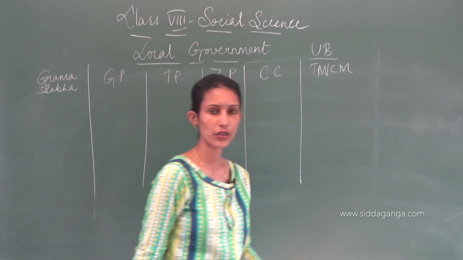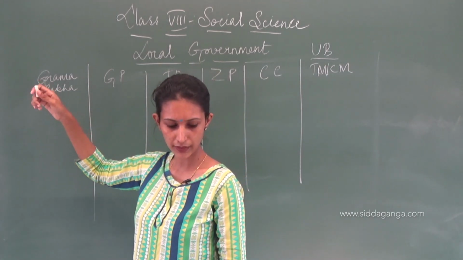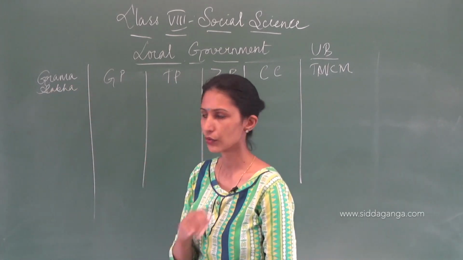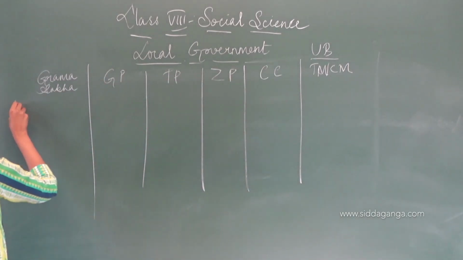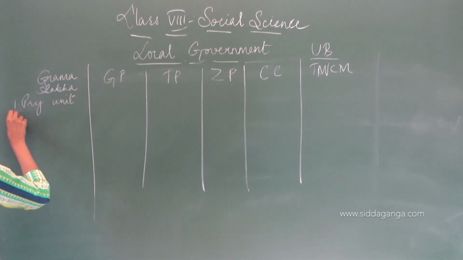Now what you have to write here? From the Gram Sabha you begin the first point, that is primary unit. The first point is, it's the primary unit.